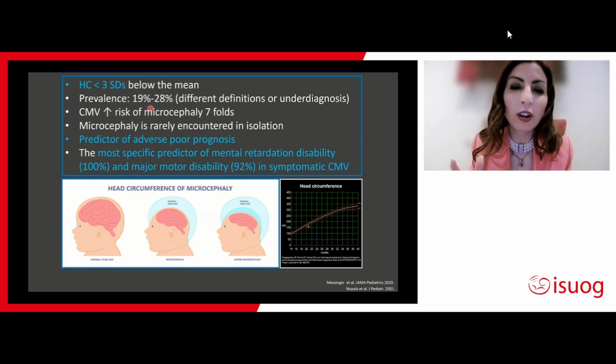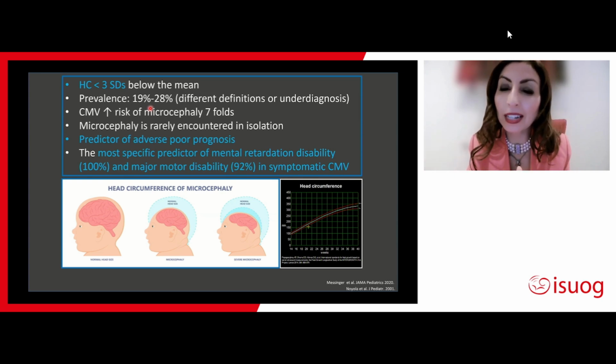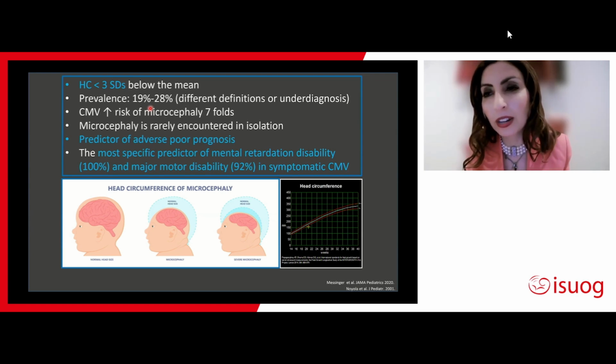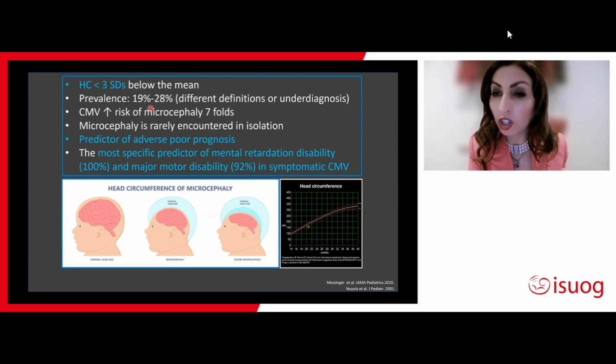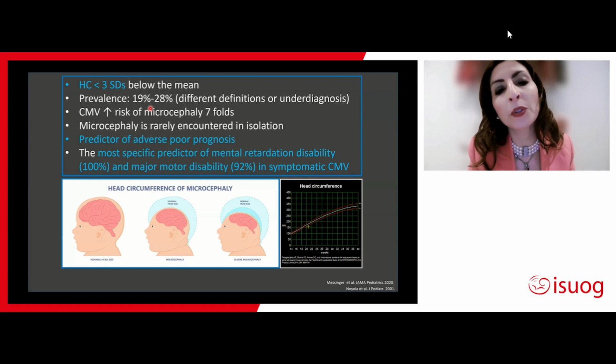Therefore, the small head in this context with a completely normal brain did not have the same prognosis as microcephaly with associated brain abnormalities in congenital CMV infection. In fact, this baby carried on throughout the pregnancy completely normal and had a normal outcome, at least was not symptomatic at birth. So be careful.